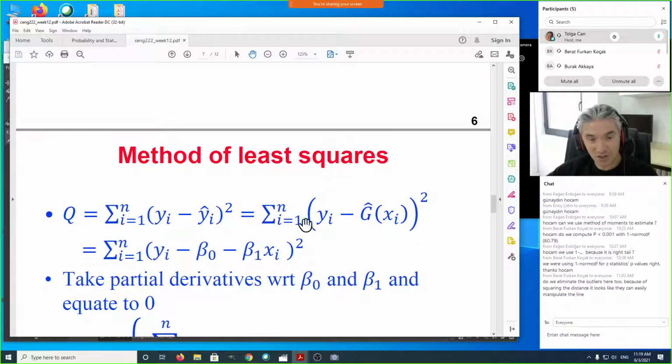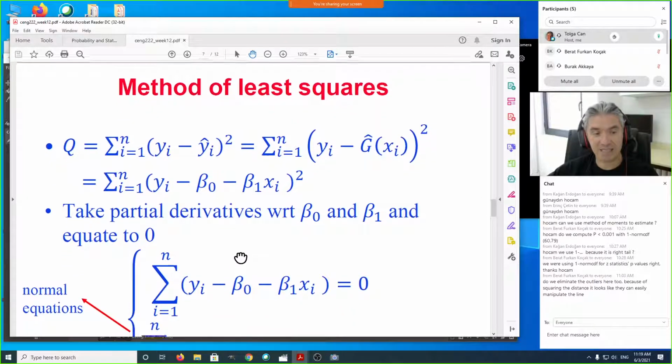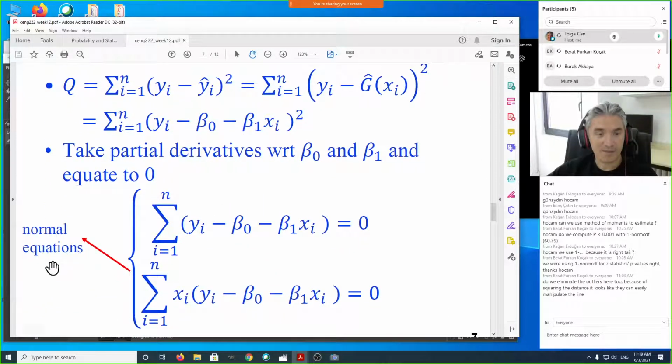So this is our function that shows the residuals. Take the partial derivatives of this function with respect to beta 0 and beta 1 and set them to 0. That's the place where we are going to attain its smallest value. After we take the derivatives and set them to 0, they become our two equations to find beta 0 and beta 1.